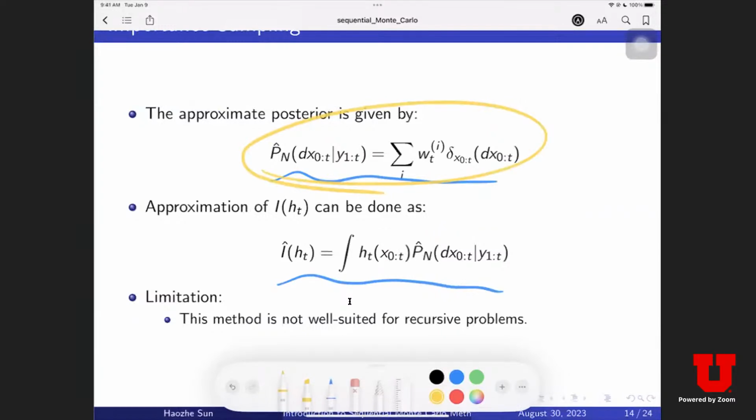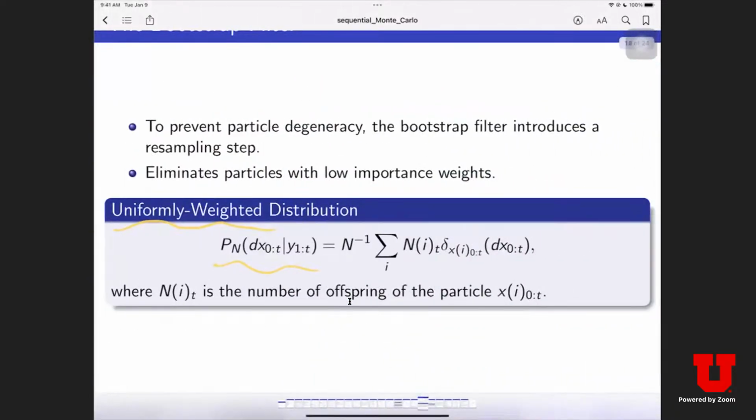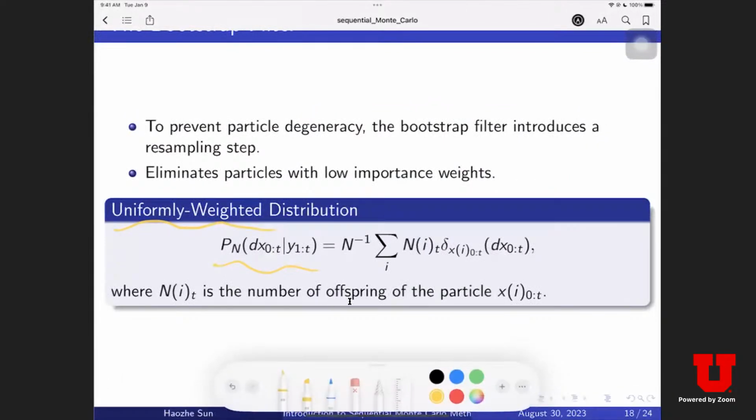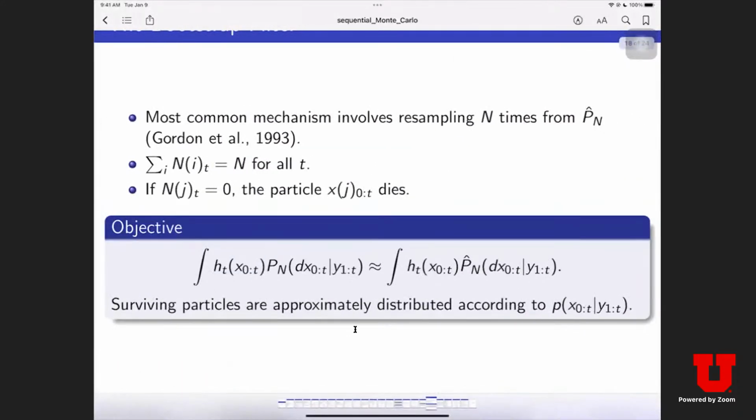We replace these things with the Pn, right? And the most common way is resampling n times from Pn.